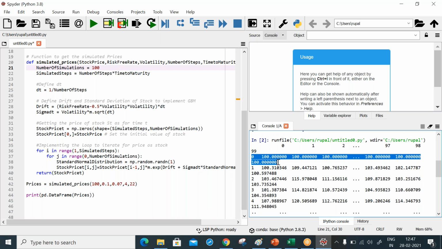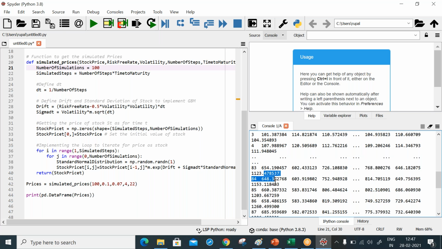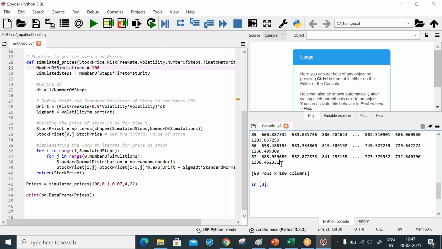The 0th value for each of them is 100, and only the simulation going by is changing the values. So you have a series of 100 values at the 88th point. I hope it makes sense as to what we did yesterday. Okay.